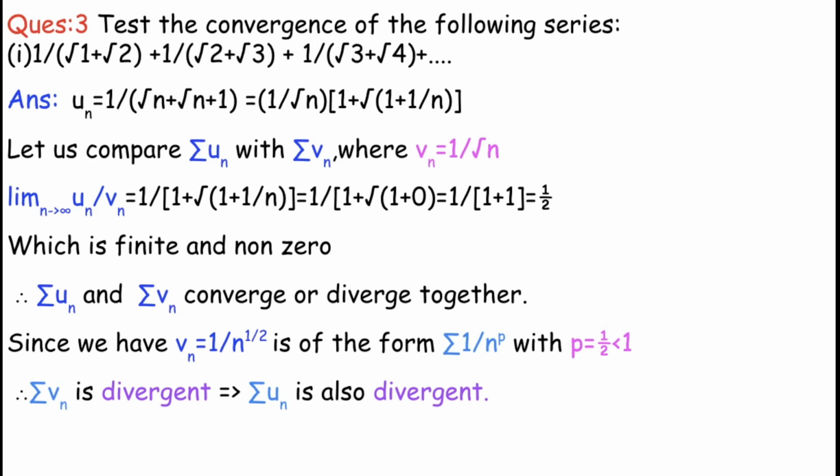Then, to find the relationship, we compare vn and un, where un is what we have been given and vn is what we assume. By examining un upon vn, we find whether it is finite and non-zero. If vn is convergent, then un is also convergent. So that's all. That's how these properties help us in understanding the comparison test.